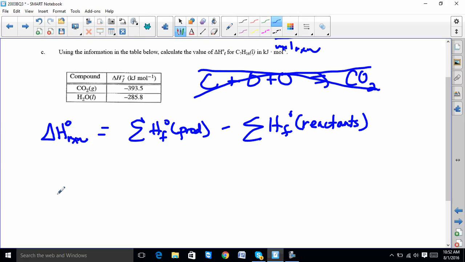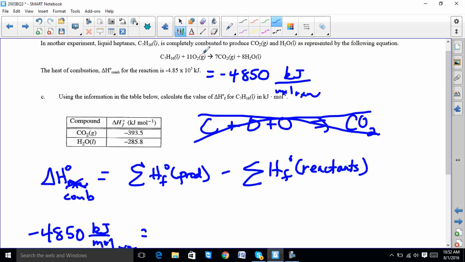But here's the deal. In this problem, they told you that the heat of reaction, in this case a combustion reaction, is negative 4,850 kilojoules per mole RXN. New notation, you won't see it online, is going up here. See this 7?